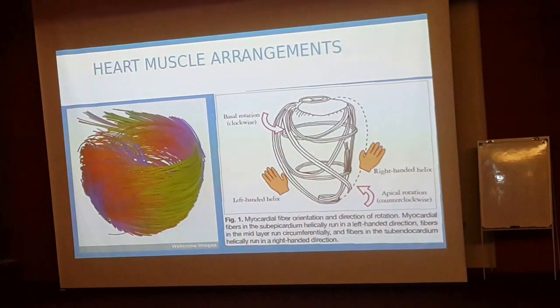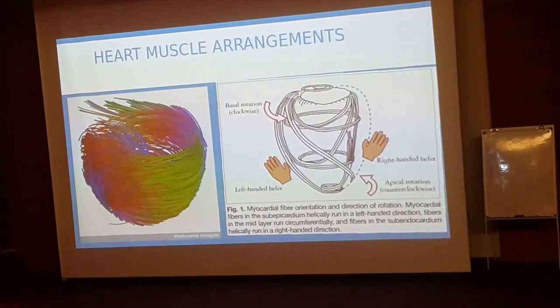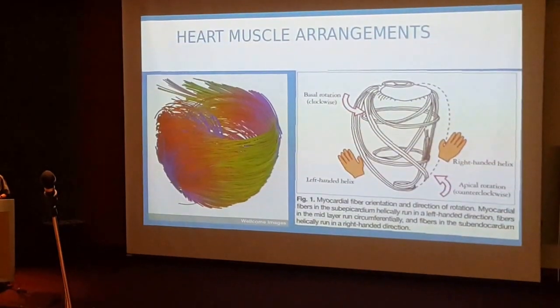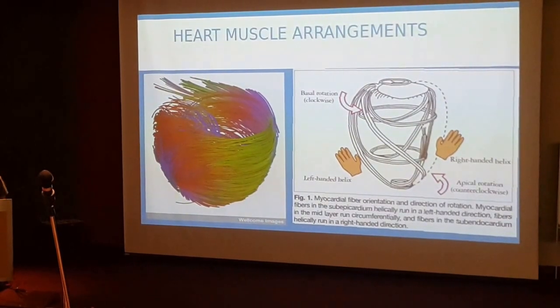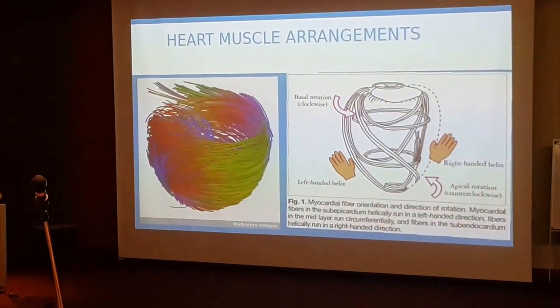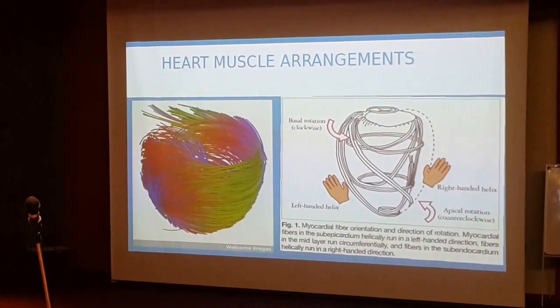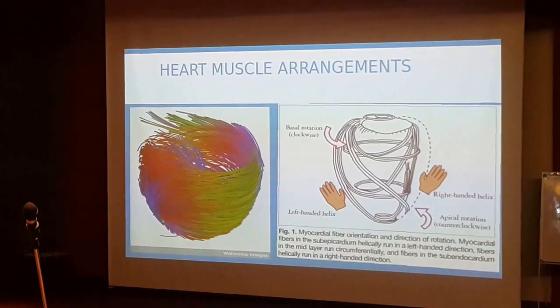So when we talk about ventricular septal defects, you need to know the underlying substrate as well. The inner layer, what we call the subendocardial layer, has muscle which is doing what we call a right-handed helical turn.